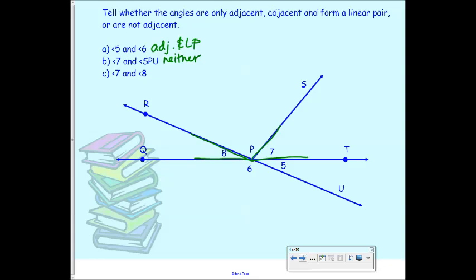P and 5. So is it right next to 8? No? Is there something in between them? Then are they adjacent? No? It'd be like, who's next to Mr. Vrandrick? Dr. Holden? Yeah. It's like we have a neighbor in between us, right? So are these adjacent? No. So then can they be a linear pair? No. All right, so that one's neither also. These do share a vertex, but they don't share a wall.